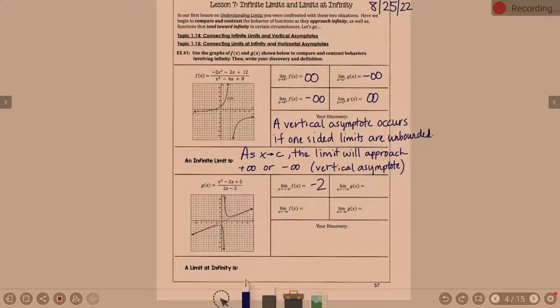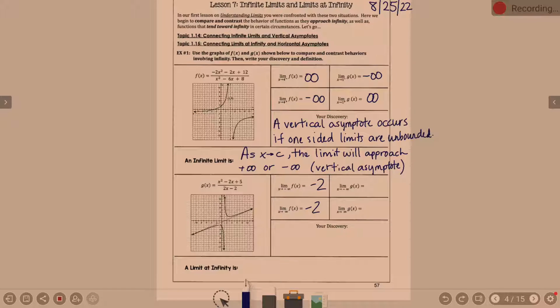As x approaches positive infinity on f of x, what's my graph going towards? The y value of negative 2, yes? Because there is a what at negative 2? Yeah, a horizontal asymptote this time, right? So on top, we were looking at vertical asymptotes. If you get the drift, we're going to look at horizontals here.